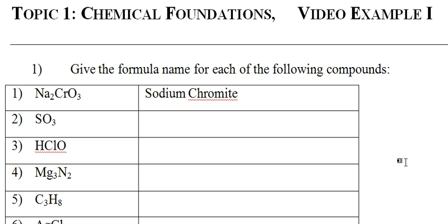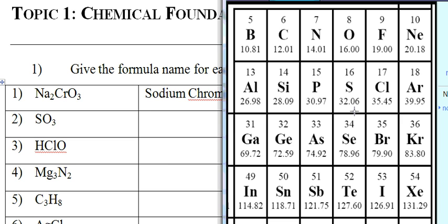So in this case here, we have a nonmetal with a nonmetal. How do you know? Well, if you take a look at your periodic table, and draw a line starting with the carbon and going over to the fluorine, and then down to the iodine, and then back to the carbon, what we have just drawn is a nonmetal triangle.